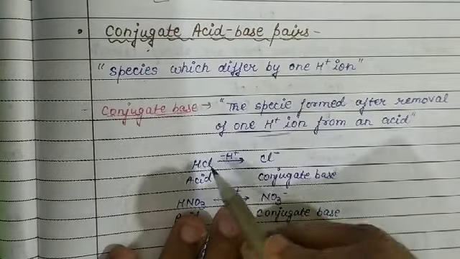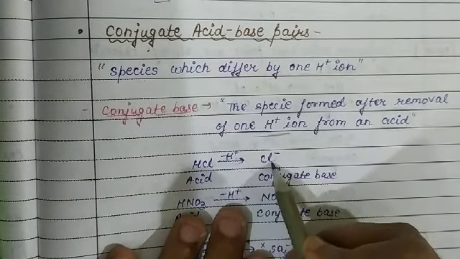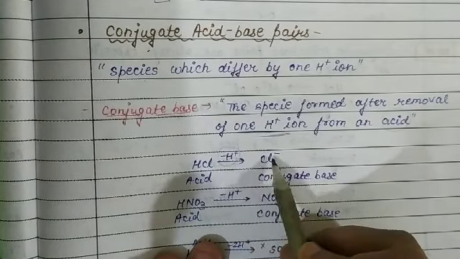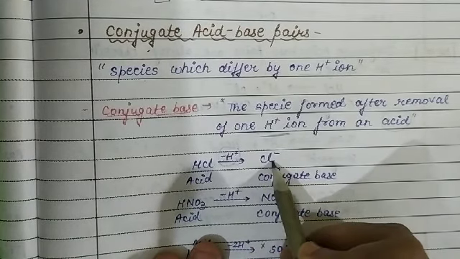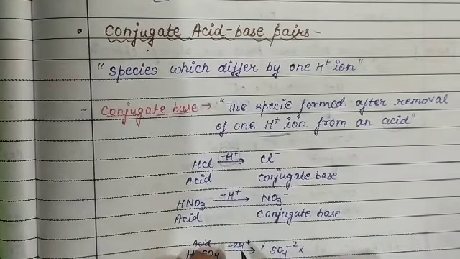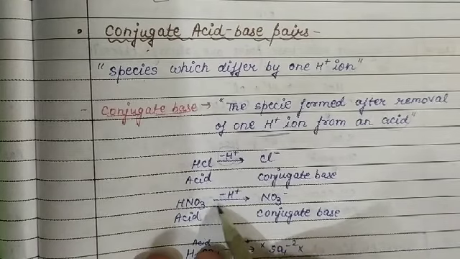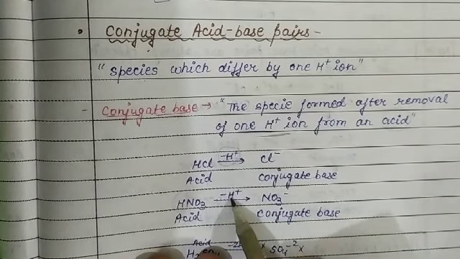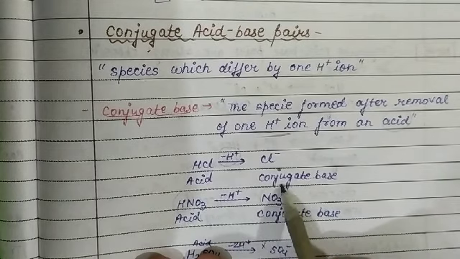For example, when HCl loses one H plus, it forms Cl minus. HCl is an acid, and after losing H plus, it forms Cl minus. So Cl minus is the conjugate base of this acid. See the next example, HNO3. When HNO3 loses H plus, it changes into NO3 minus.